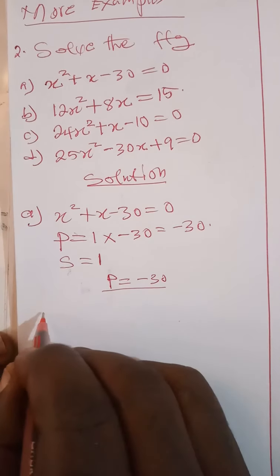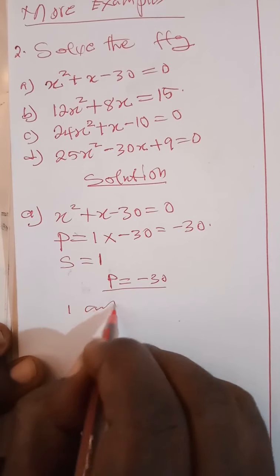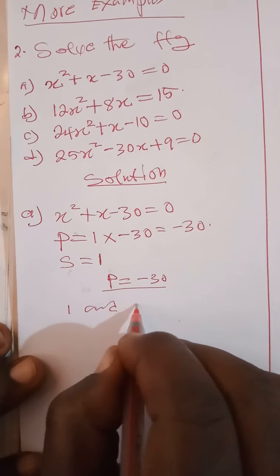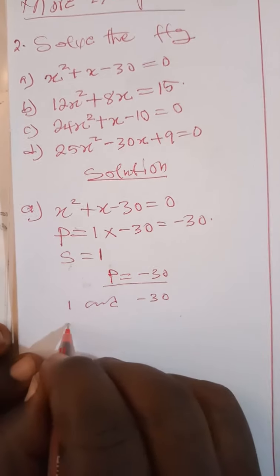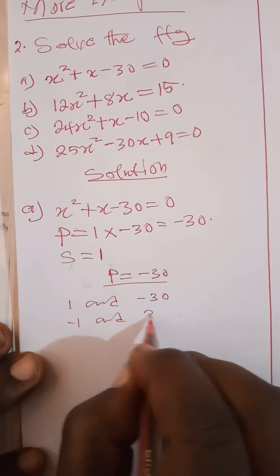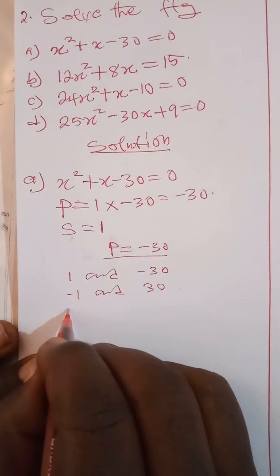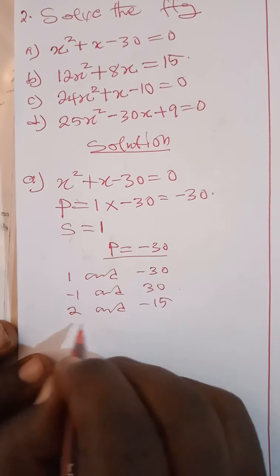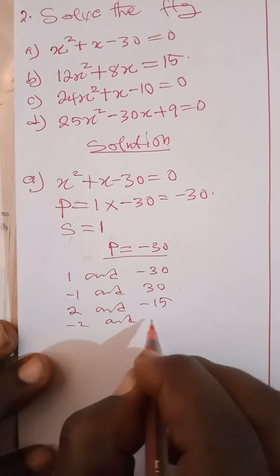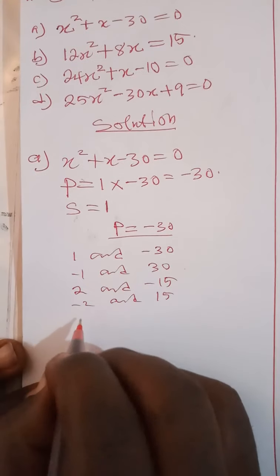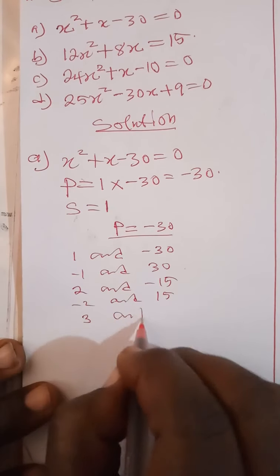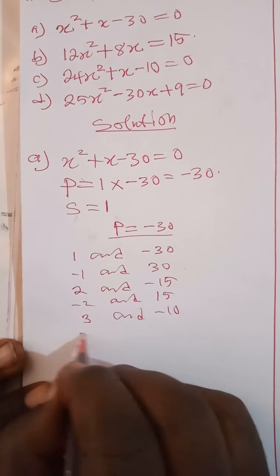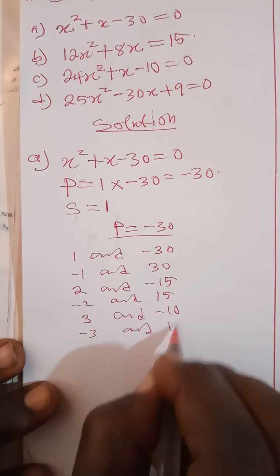So I start with 1 and minus 30, or minus 1 and 30. I take 2 again, 2 and minus 15, or minus 2 and 15. I take 3 and minus 10, or minus 3 and 10.